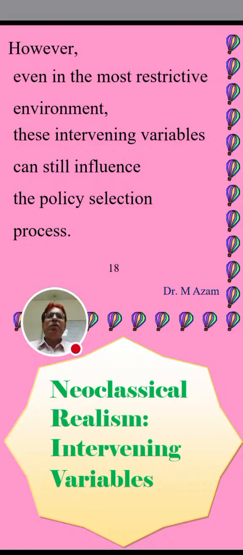However, even in the most restrictive environment, these intervening variables can still influence the policy selection process. A restrictive strategic international environment means there are more pressures on a state and the foreign policy options are limited.